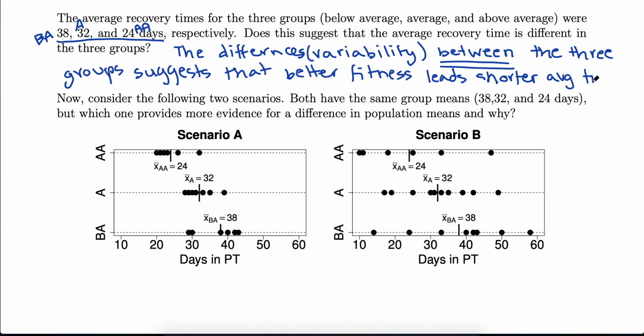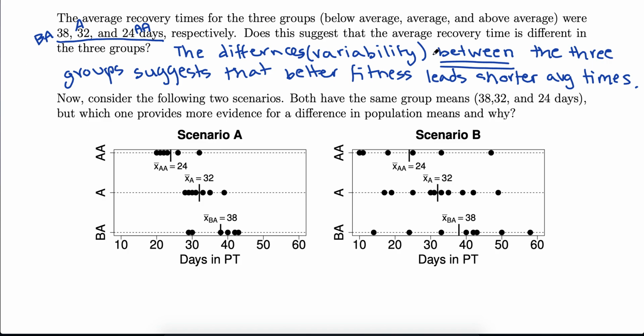So that's what's suggested by looking at the variability, or variance, or difference of the average behavior for those three groups. So that's layer one we need to look at.